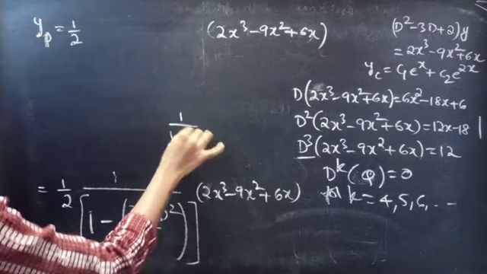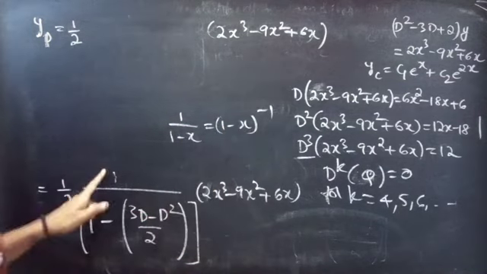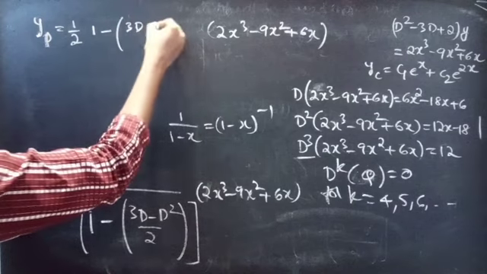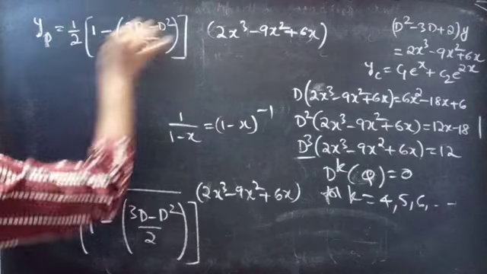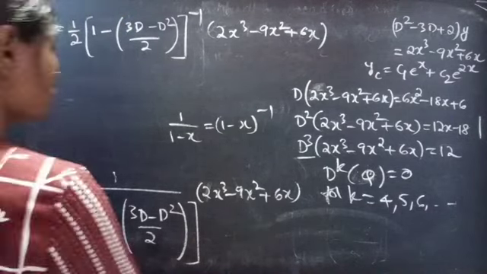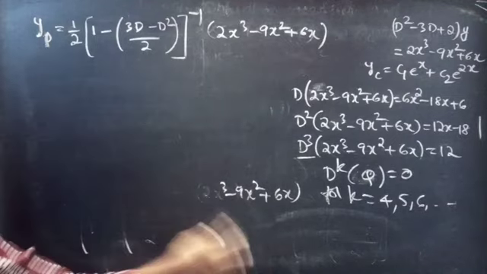We know that 1 by 1 minus x can be written as (1 minus x) whole inverse. So we'll write this fraction as (1 minus 3d minus d square by 2) whole inverse. Now we can use binomial expansion series to expand (1 minus x) whole inverse.